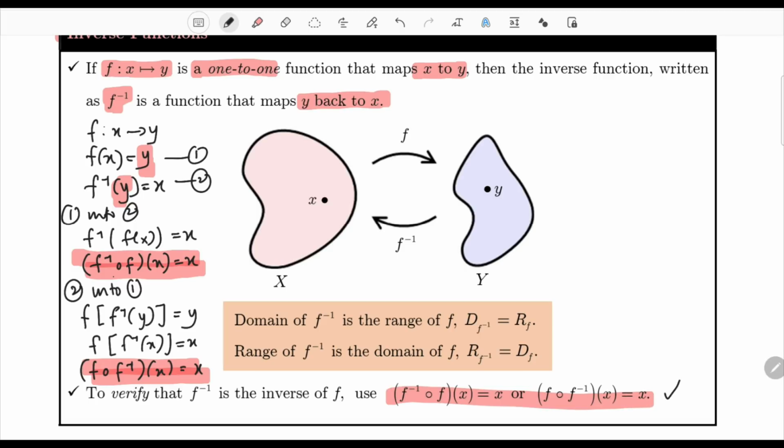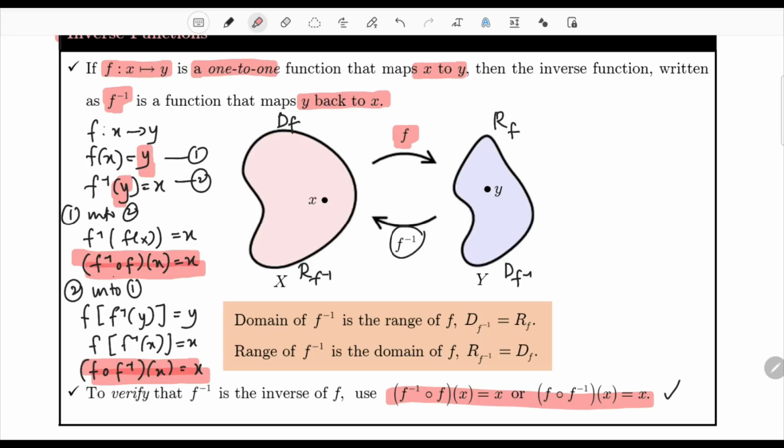If you look at the diagram here, f from x to y means this is the domain of f, this is the range of f. Next we have f inverse, meaning this is the domain of f inverse, this is the range of f inverse.